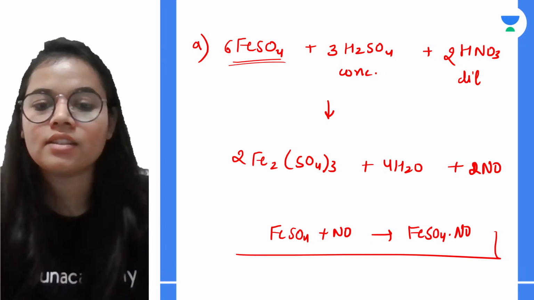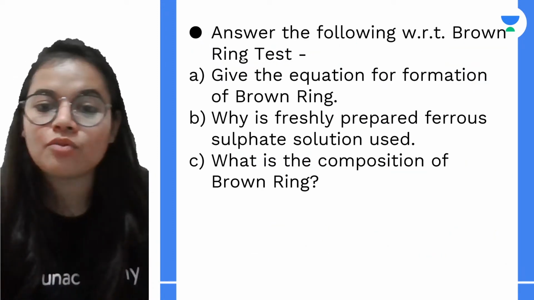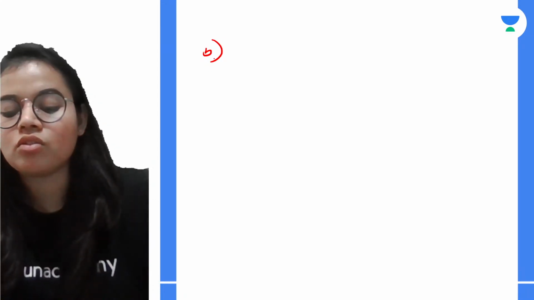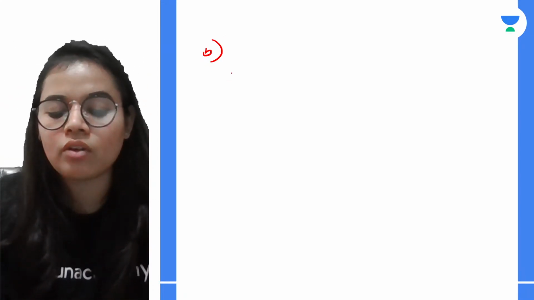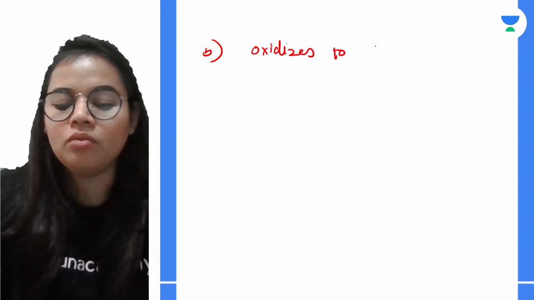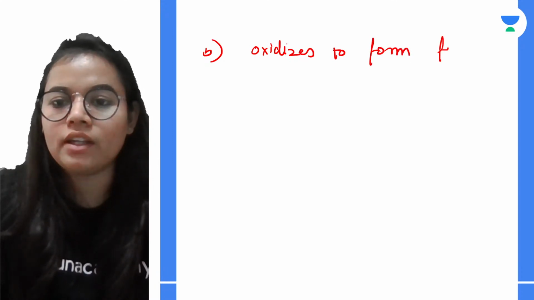So iska basic reason kya hai? The question is also asked that why is freshly prepared ferrous sulfate solution is used. So the reason is because the ferrous sulfate will be oxidizing to form ferric sulfate. Okay, so that is why we need freshly prepared. So basically it oxidizes to form ferric sulfate.